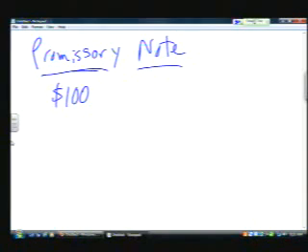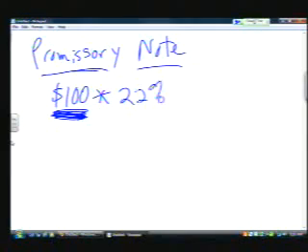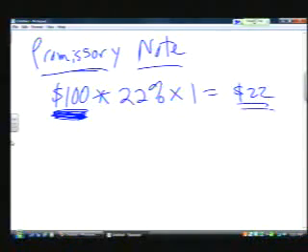Now in this case, you are going to walk out the door with the $100 and a promissory note. Then you're going to have the rate. This is the amount of interest that you're going to pay. 22% times the time. Let's just say it was 1 year again. So the actual amount of interest here is still $22, but notice the difference.